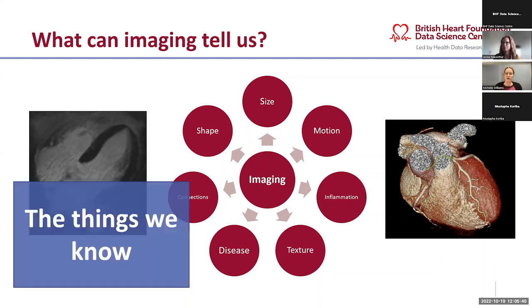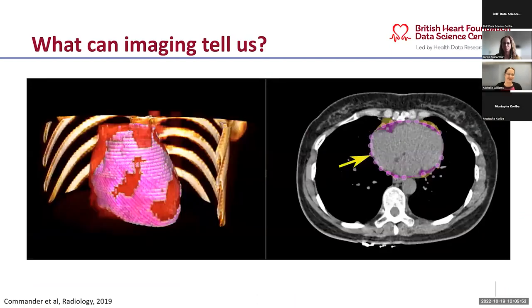A lot of the things that we talk about are things that we already use in everyday clinical practice, but there's other things that we don't know about that we're using in research. Next slide, please. So these sort of things that we don't know about are either things that we can see but don't really have a way to measure, or things that we can't see but the computers can see.